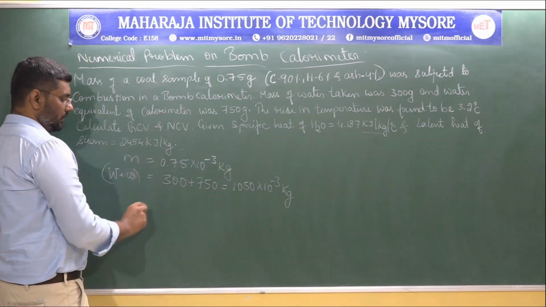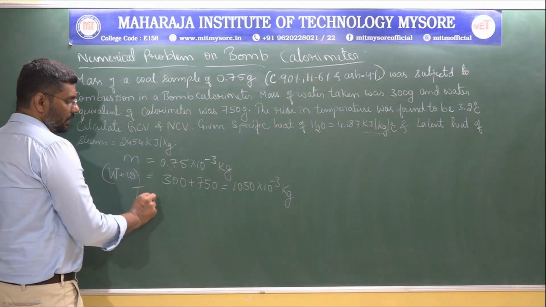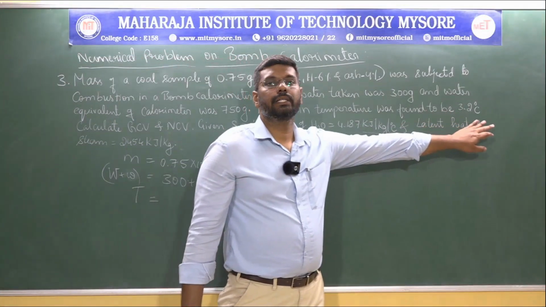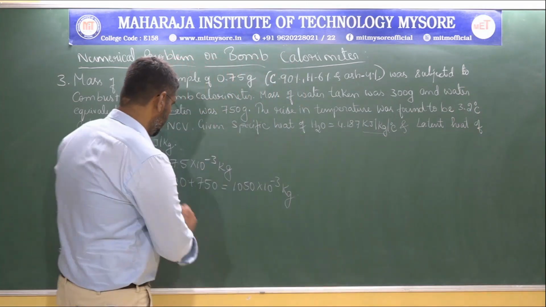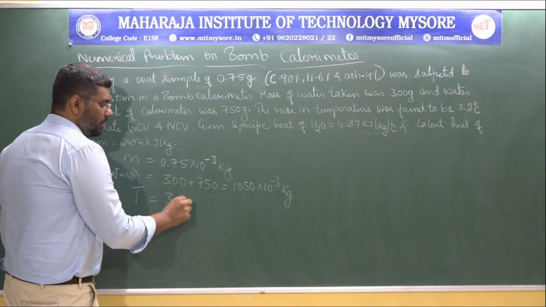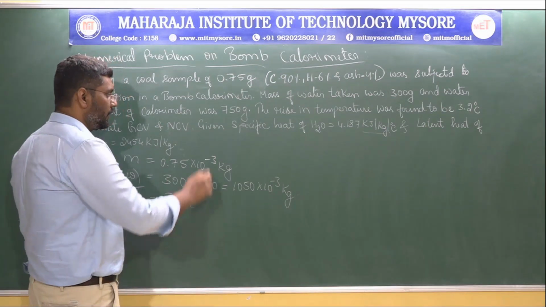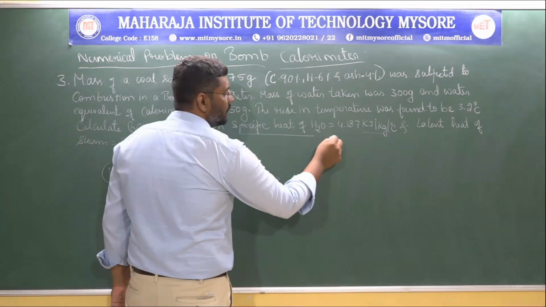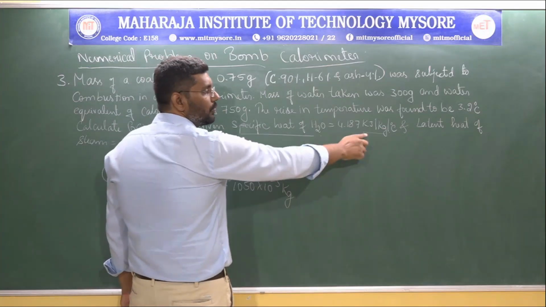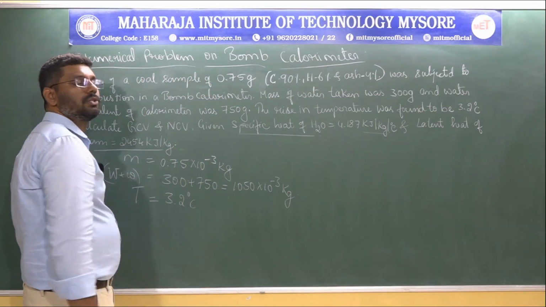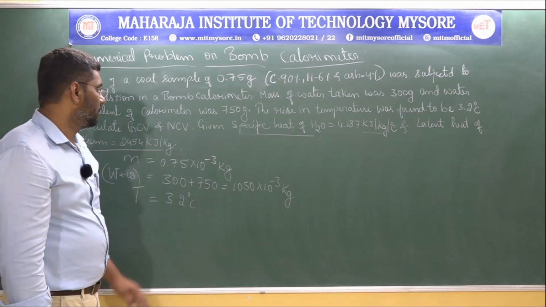Next, what has he given? He has given the rise in temperature, that is T2 minus T1, directly as 3.2 degrees centigrade. He has given the specific heat of water as 4.187 kilojoules per kg per degree centigrade, and the latent heat of steam as 2454 kilojoules per kg.